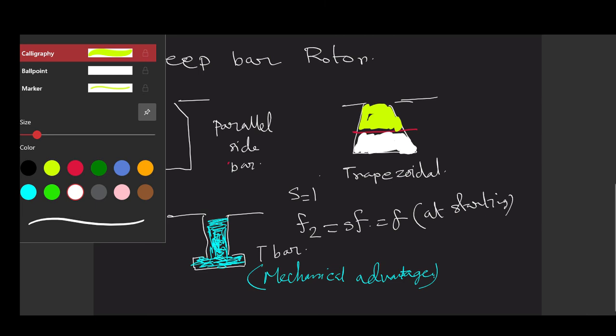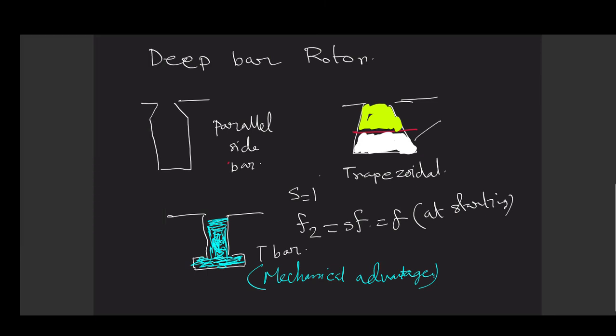Therefore, at starting, when the supply frequency is quite high, the bottom part of the bar, this white one, has a higher value of impedance.